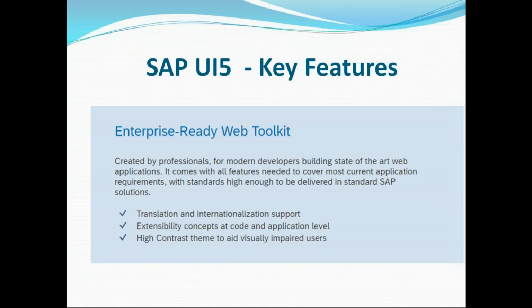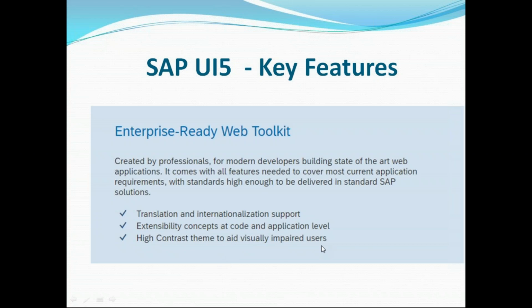Since we are talking about user experience, we should be able to attract as many customers as possible by providing translation features and the extensibility concept. Yes, as we said, the standard apps can be extended, and there is a high contrast theme to aid visually impaired users.